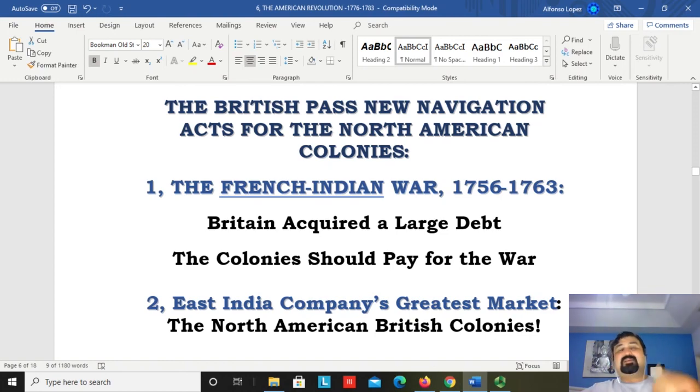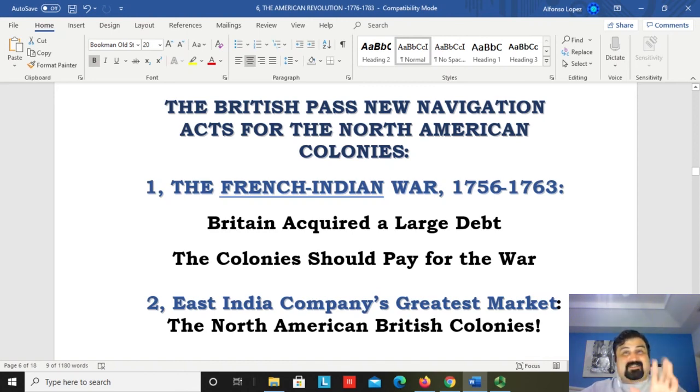The reason is that they also have to bear some of the burden for the French and Indian War. Because they're also British subjects, part of the British Empire, they must pay their dues as well. So the first critical factor is the French and Indian War itself.